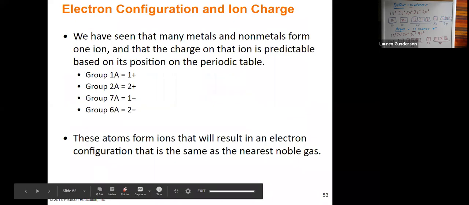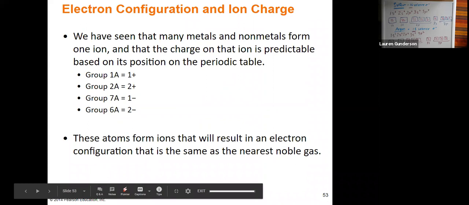Okay, and then we see the same pattern that we've noticed before in earlier chapters, but now we kind of see why it's happening. Why does group 1 form +1 charge cations? Because when they lose one electron, they have a valence that looks more like a noble gas valence.